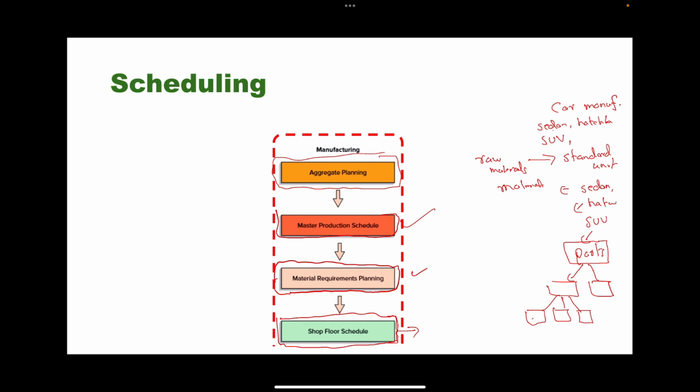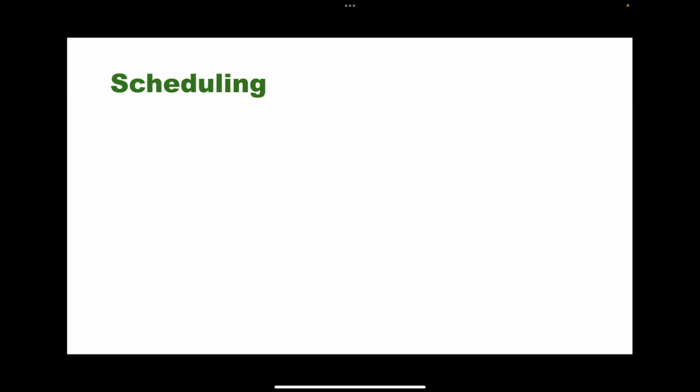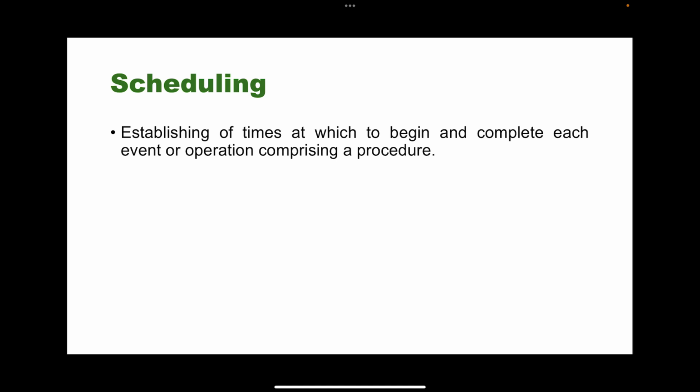It is mainly focusing upon how the job is actually done in the machine shop or in the plant. Scheduling is the establishment of times at which to begin and complete each event or operation comprising a procedure.